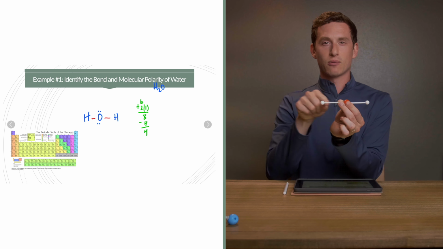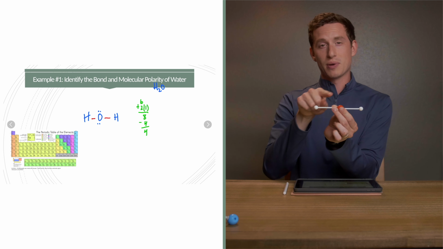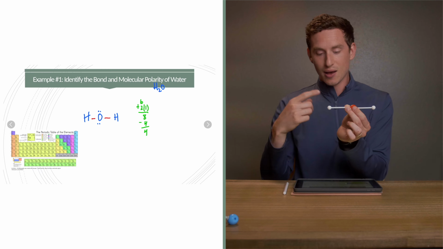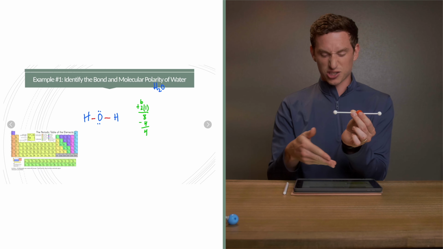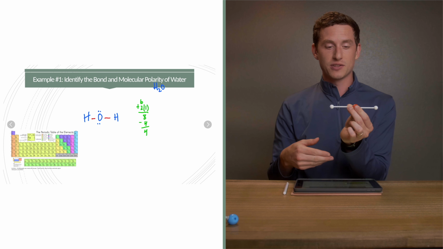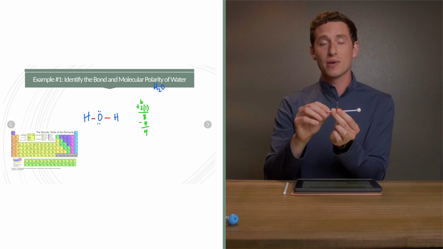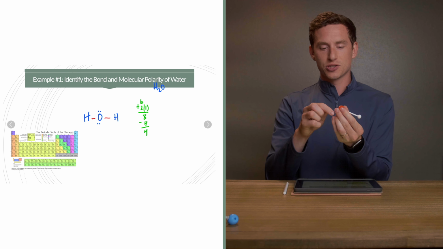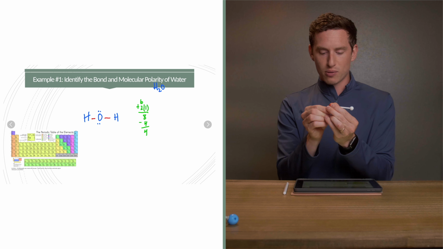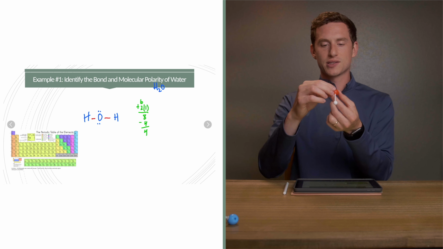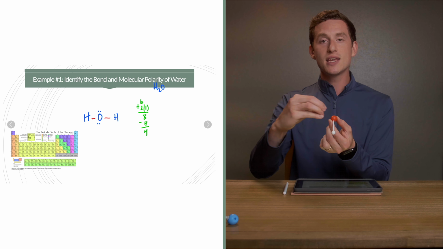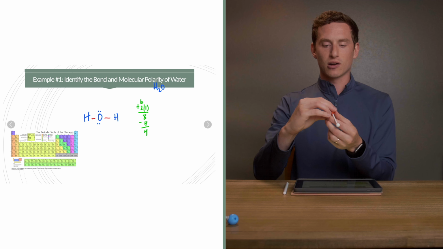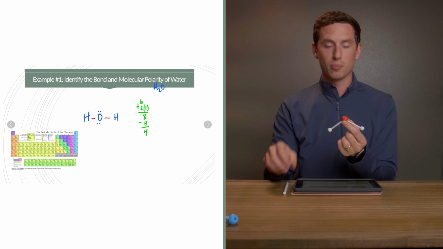According to VSEPR theory, all of those electron dense regions are repelling each other as much as they can. But we forget that it actually exists three-dimensionally. We have to take into account the z-axis. So we have our 2 hydrogens, but remember that this molecule reorients itself, so we have a lone pair here and a lone pair here, and those are all 4 points of repulsion.